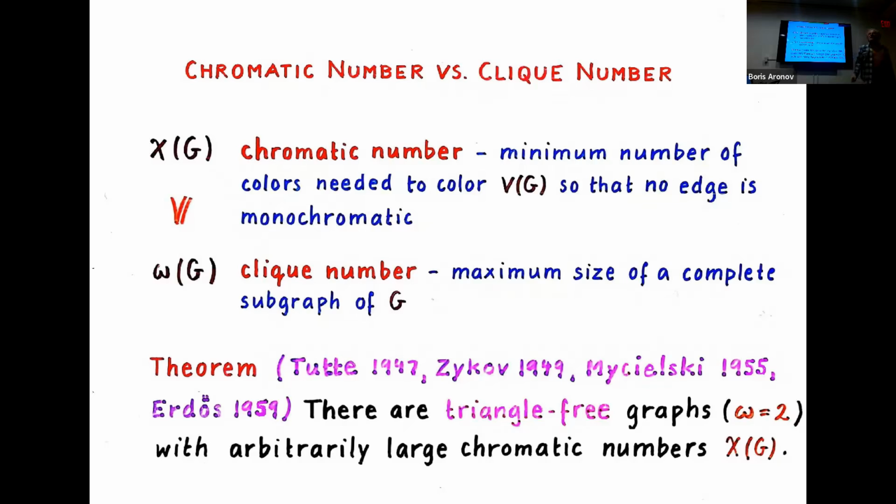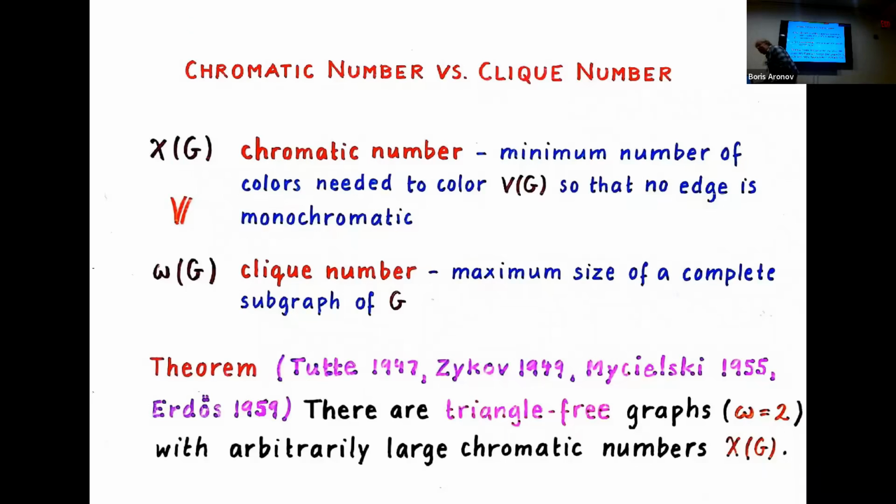This comes from a beautiful probabilistic proof of Erdős in 1959, that actually there are graphs that not only don't contain a triangle, but don't contain any short cycle, shorter than whatever, 1 million, your favorite number. And yet their chromatic numbers are arbitrarily large.